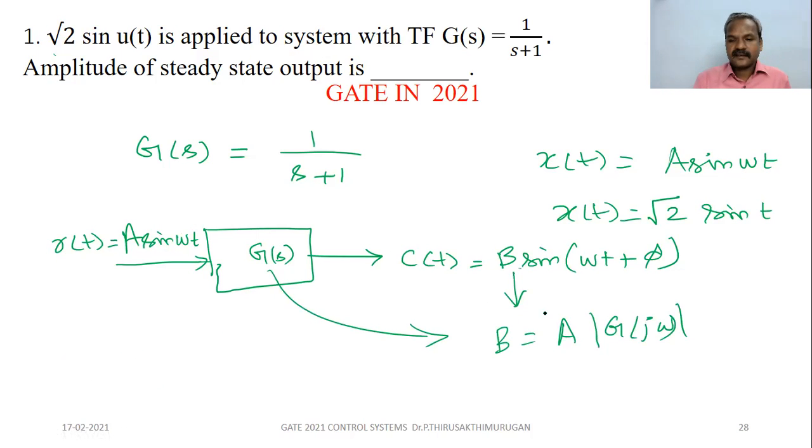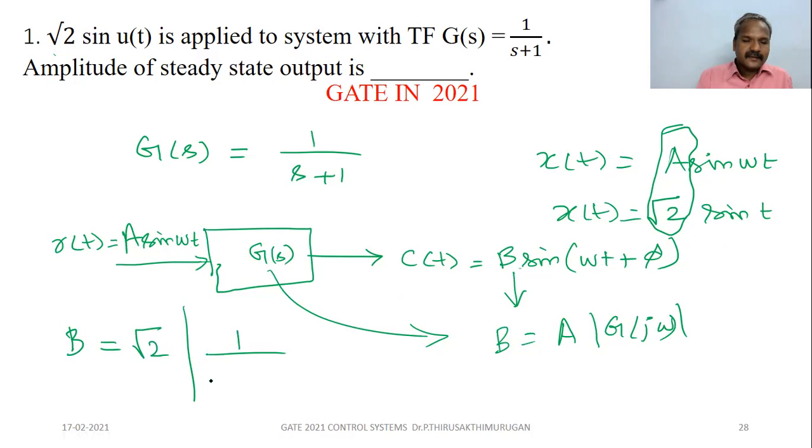So what is A? A is root 2, and omega is 1. So let us find the B value, the magnitude of the steady state output. B equals root 2 times the magnitude of G of j omega, 1 by s plus 1, replacing s by j, that is omega is 1, j 1.